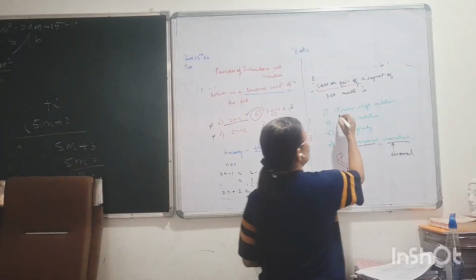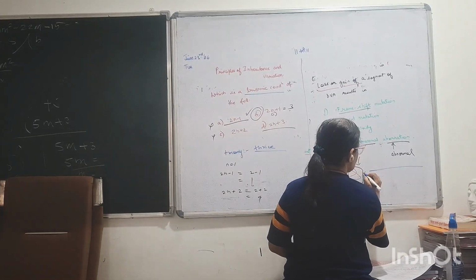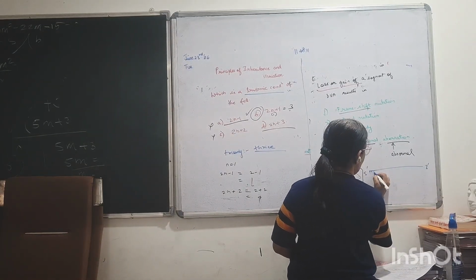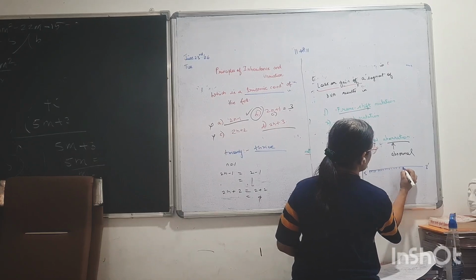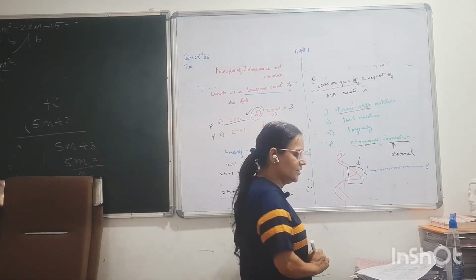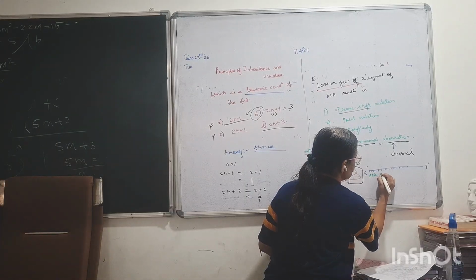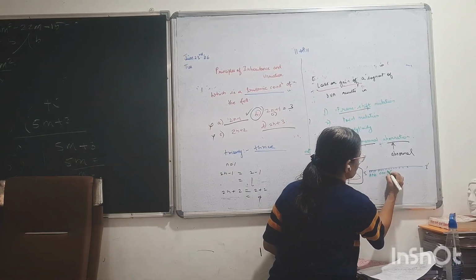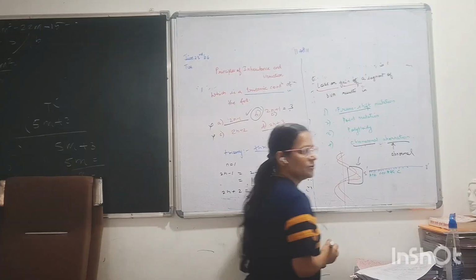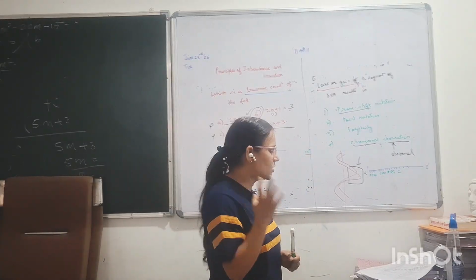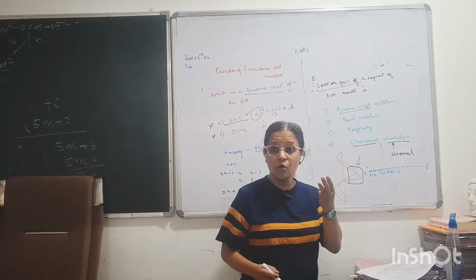Frame shift mutation means having a DNA strand, say from 5' to 3', and these are the codons present on it. So if I am having, say, A, T, G, C, C, C, A, G, G, whatever. In frame shift mutation, you know that the codon is a triplet.